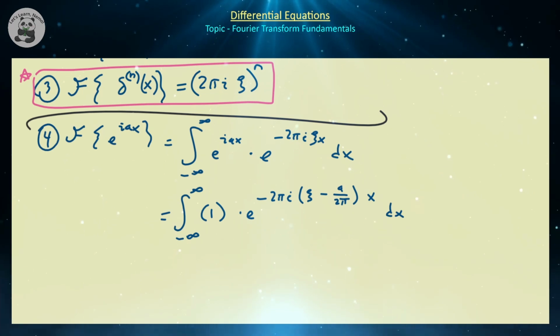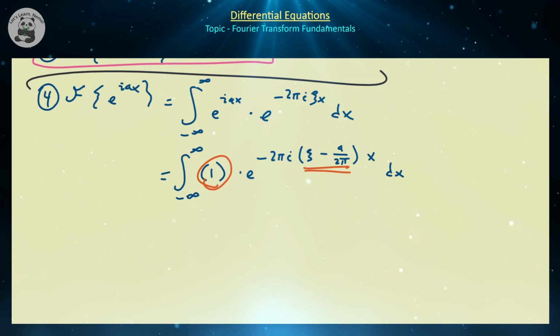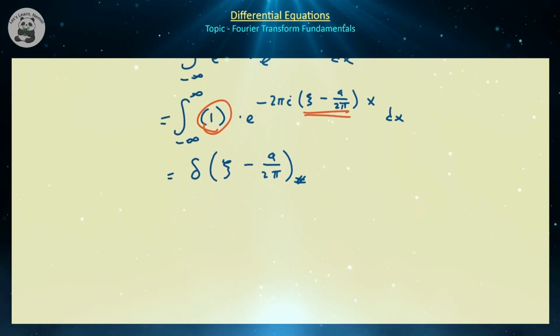I'm showing it in this form because this is just a shifted Fourier transform of the function 1, and we know that the Fourier transform of 1 is equal to the Dirac distribution. So the Fourier transform of the exponential function is just a shifted form of the Dirac distribution. It's delta of psi minus a over 2 pi. So the Dirac distribution is actually quite natural in terms of the Fourier transform of some elementary functions.